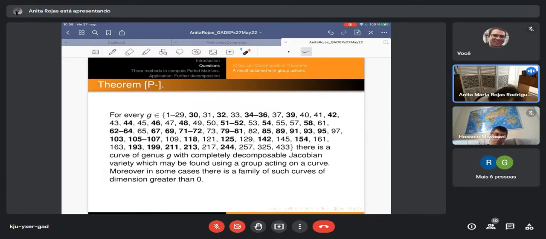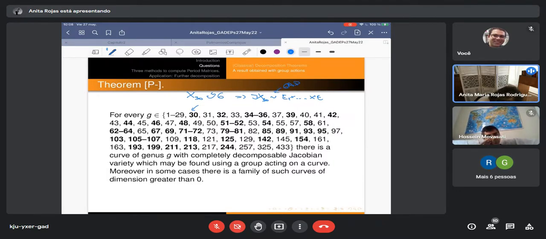That means that we found a curve X of genus 30, such that it has a group acting there in a way that the Jacobian variety of this curve decomposes as a product of elliptic curves when you study the group algebra decomposition.